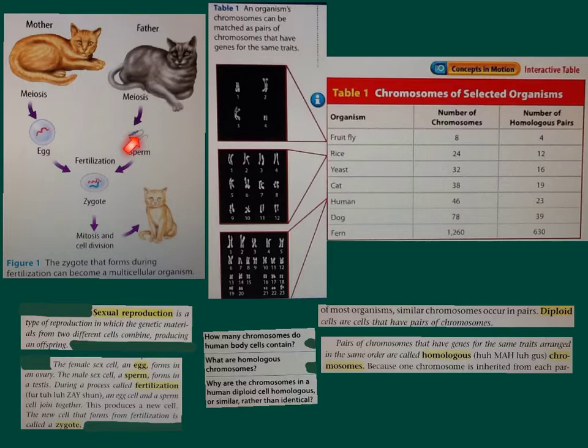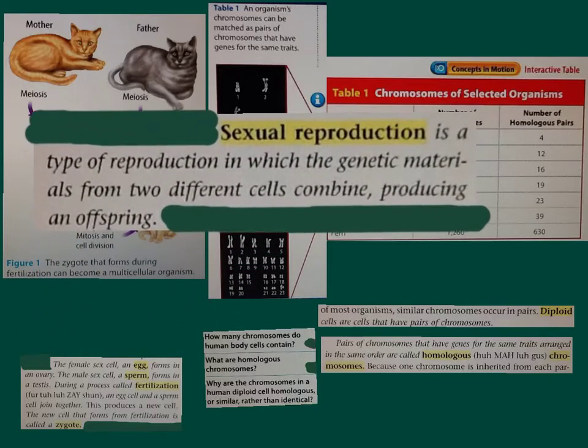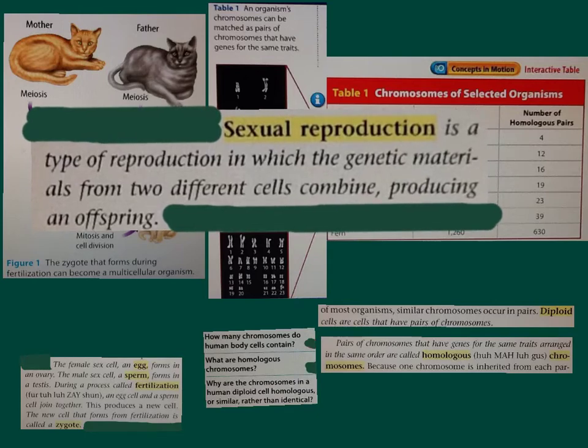Okay, so now we're going to take a look at your vocab word, sexual reproduction. Sexual reproduction is a type of reproduction in which the genetic material from 2 different cells combine, producing an offspring, just like our example with the two cats.